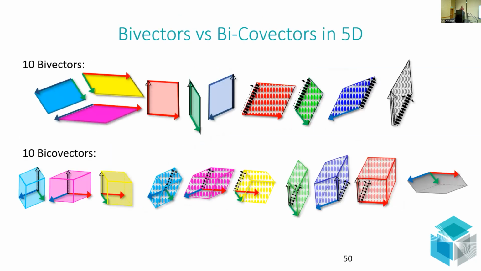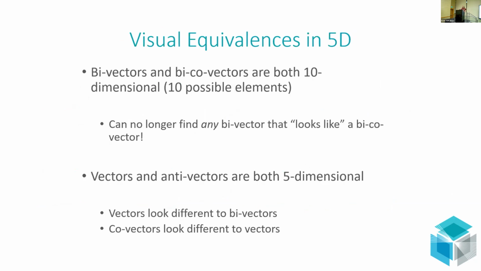And now if we list all the possible bivectors together, the 2-dimensional objects, these are the possible 10 ones, and the possible bi-covectors which have 3 properties, and we have no single visual equivalence anymore. So here in the 5-dimensional space, each of the objects becomes unique. We cannot find any bi-covector which is visually equivalent to a bivector. So visually, we now have this kind of uniqueness. They're different. The vectors and antivectors are still both 5-dimensional, but they look different.